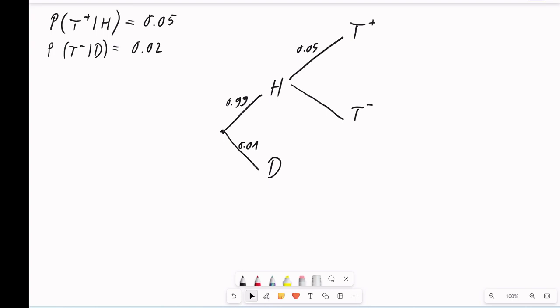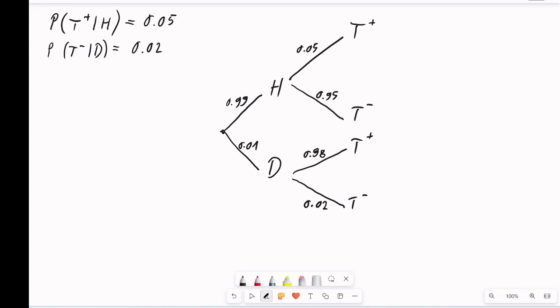And then the complement, that the test is negative in this case, would be 0.95. We do the same in the case our subject has the disease. And here, let's put first positive, negative. The probability that the test is negative, we said, is 2%. So we put those 2% here, 0.02, which means it's positive in 98% of the cases, so 0.98 here.